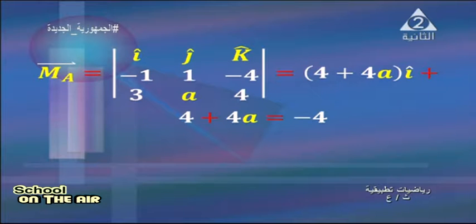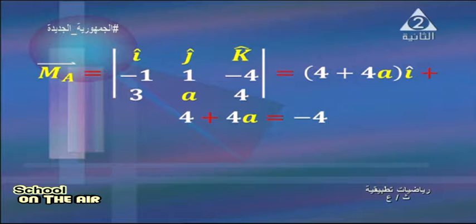Look at the solution. R vector equals (1, 0, negative 1) minus (2, negative 1, 3), which equals (negative 1, 1, negative 4). The moment about A by using the determinant IJK, R vector (negative 1, 1, negative 4), component of the force F (3, A, 4), equals (4 plus 4A)I plus and so on.